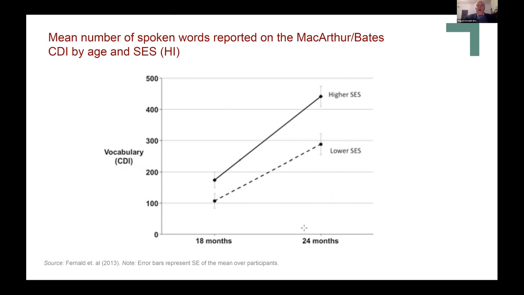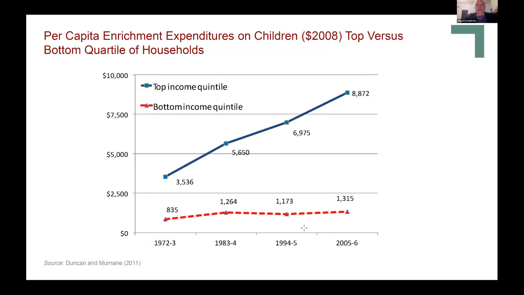And more recent work by a group at Stanford has shown that vocabulary also is crucially dependent on family background. It grows much more quickly in the higher SES (socioeconomic status) families, and much more slowly in the others. There's a gap, and if anything, the gaps widen as the children age.